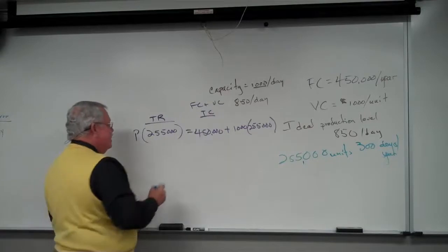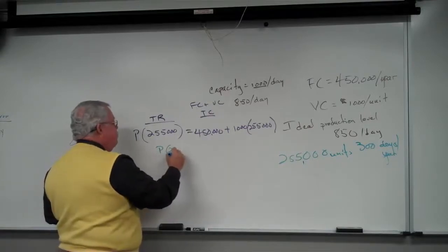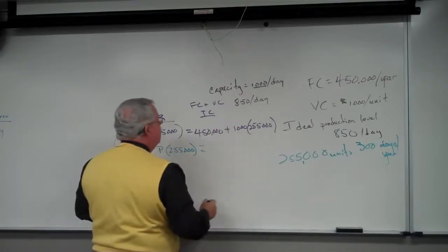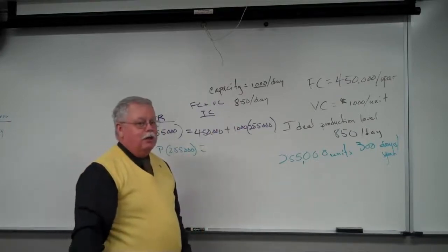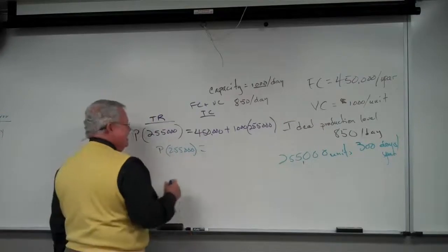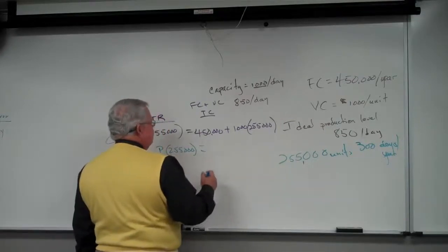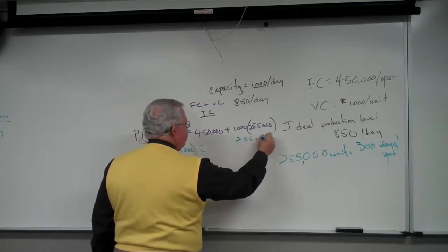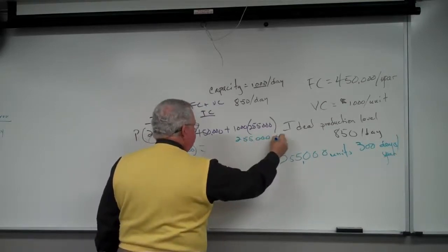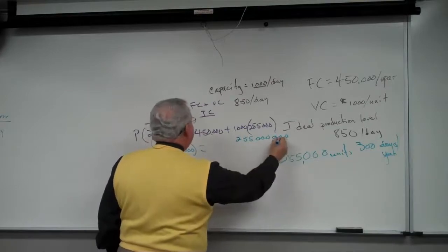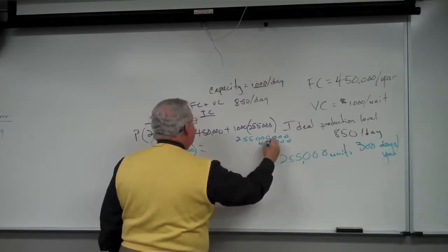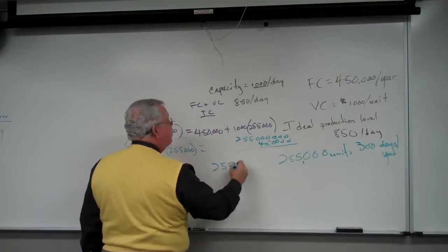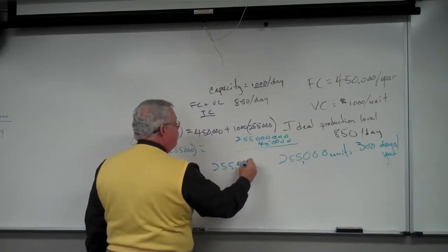There you go. P times 255,000 equals what? A lot. That's a public school answer. You're right, and it is a whole lot of zeros. 255 and then 1, 2, 3, and then 450 and 1, 2, 3. So it's got to equal 450,000.